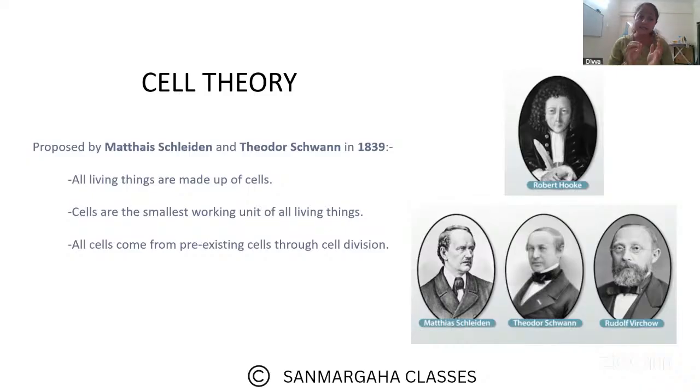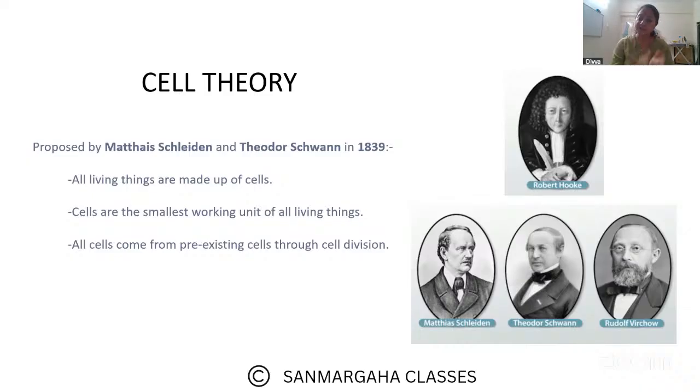Then, cells are the smallest working unit of all living organisms. It is microscopic, the smallest of all the things present in living organisms. And all cells arise from pre-existing cells through cell division.